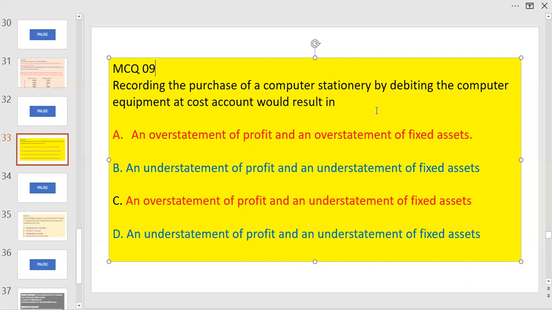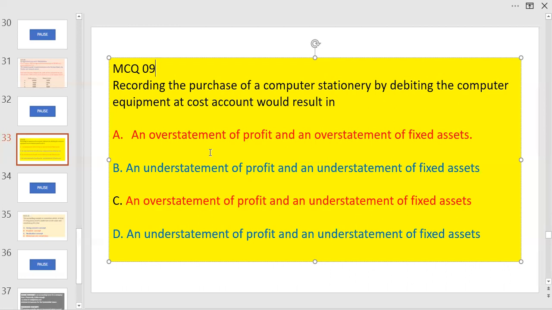So what has happened in this question, if you see it very carefully, is profit overstated, assets overstated. Now in this one, an overstatement of profit is shown in two places. Understatement of profit, so B and D are not the possibilities.